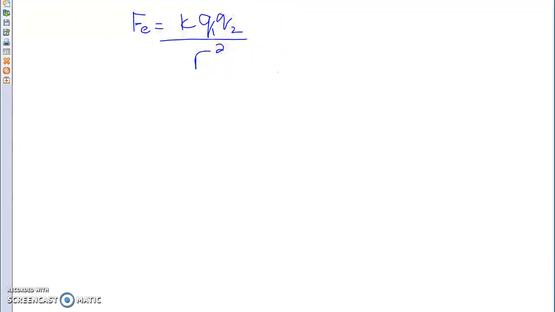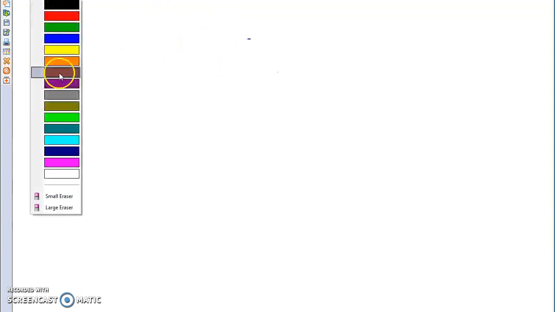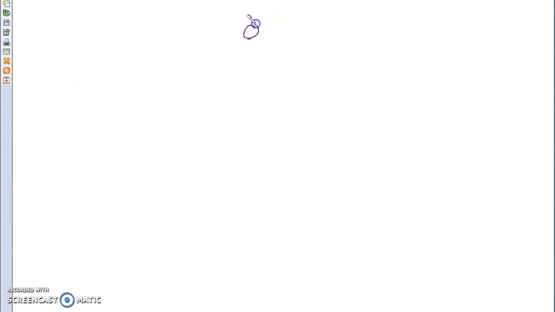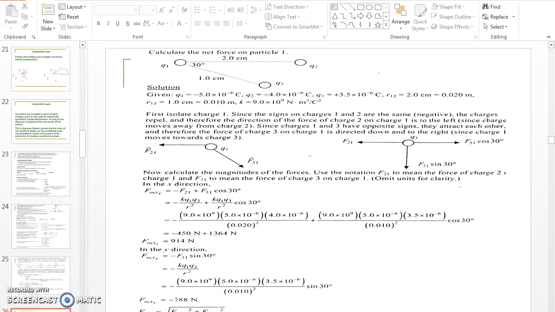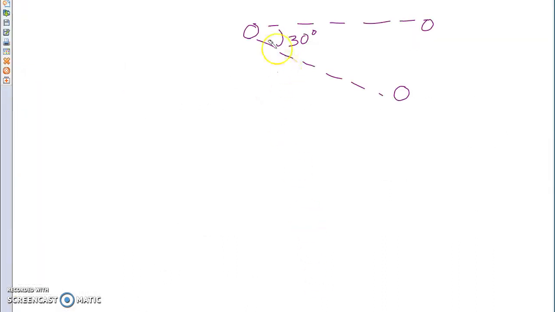My example has 3 particles, 1, 2, and 3, and this right here is 30 degrees. That is your angle. So this is Q1, Q2, and Q3.